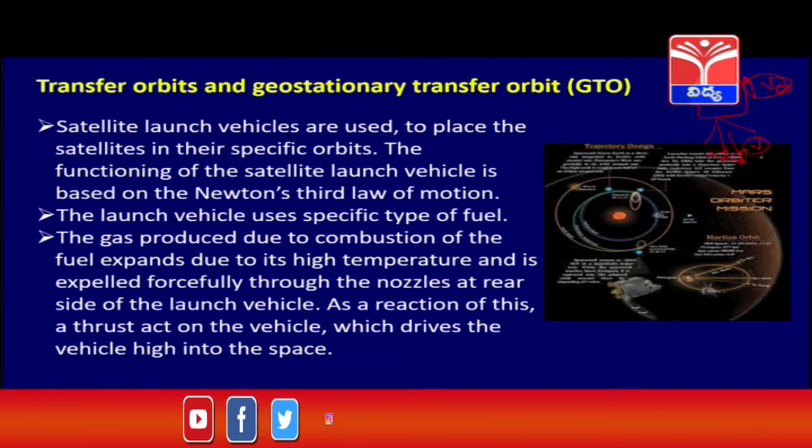This is what we get because of burning this fuel, and the gas comes out of this with a particular velocity, that is v. Then this object also moves in the opposite direction with the same velocity. So this is what drives the satellite.